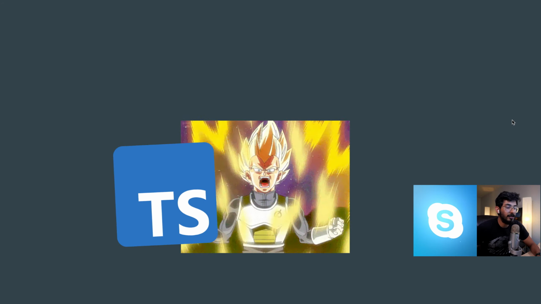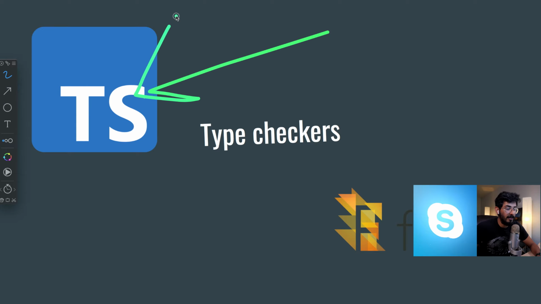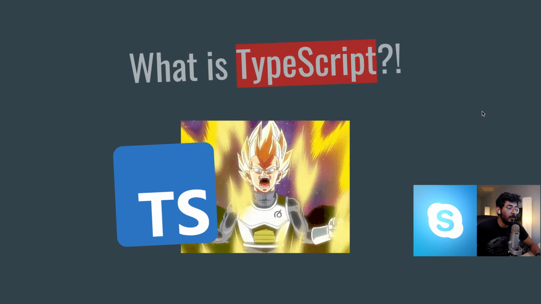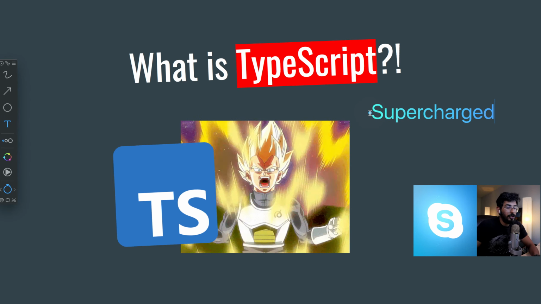Now, let's go on to type checkers. And this is always a big battle between things like TypeScript and Flow. So TypeScript is essentially, just think of it like a supercharged JavaScript.